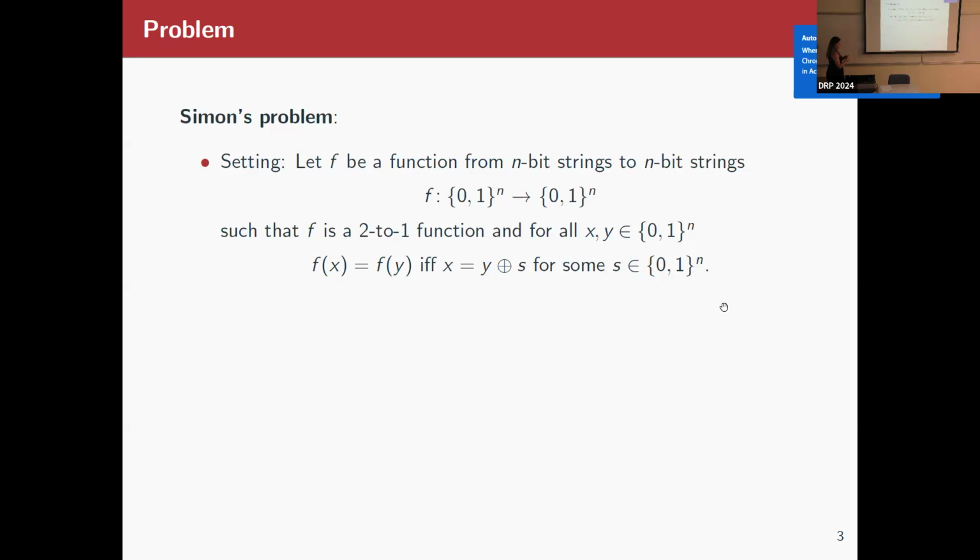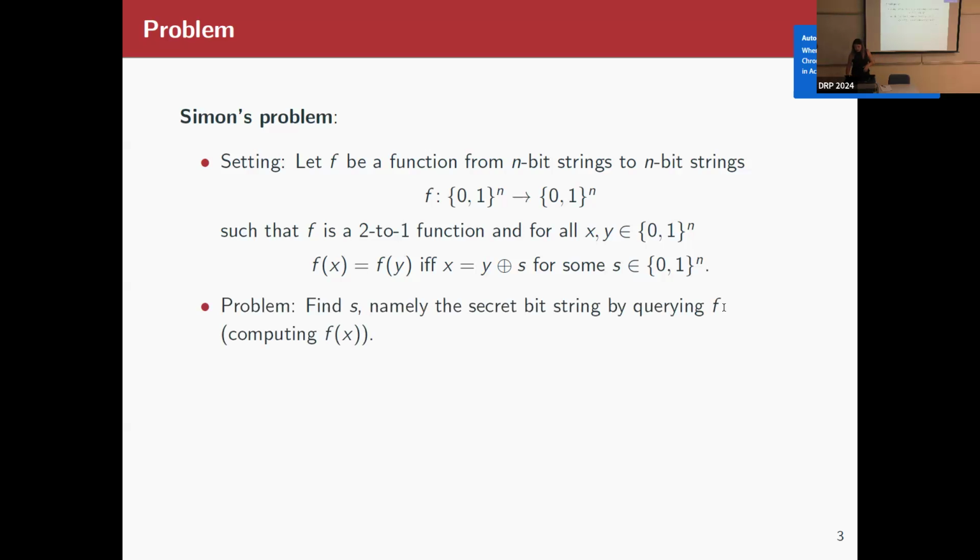So f is a 2-to-1 function, and for all x and y elements of n-bit strings, f(x) is equal to f(y) if and only if x is equal to y, or x is equal to y XOR s, for some s an element of n-bit strings. The problem is to find the secret string s, given the ability to compute f(x).